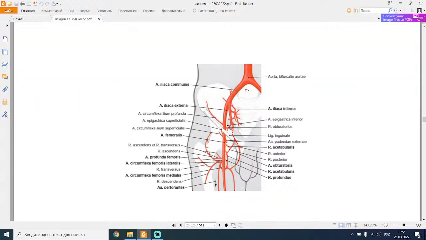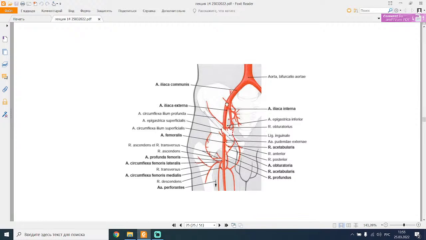What you see in the next picture: arteria iliaca communis divided into arteria iliaca interna and arteria iliaca externa. This is the ligamentum inguinale.